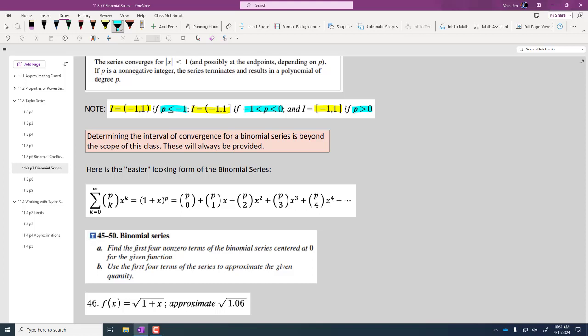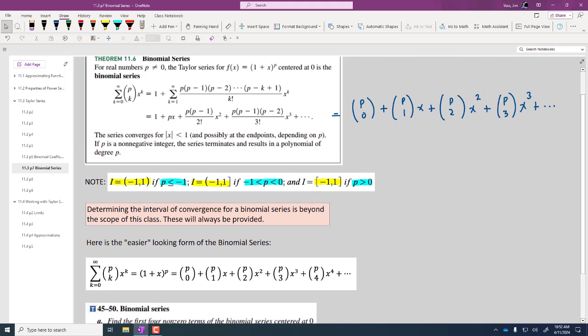You cannot figure out whether there is convergence at those endpoints yet, so this will always be given to you in this class. There's no easy way to figure it out with the ratio test. Trying to figure out using the ratio test whether you include or exclude the endpoints is very, very difficult.